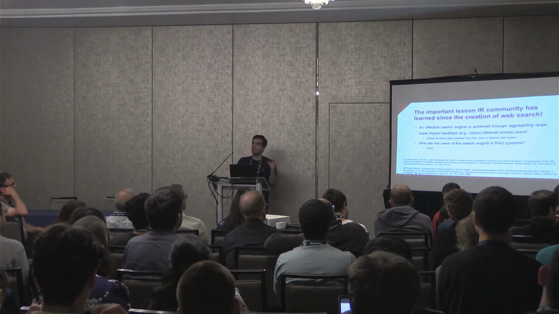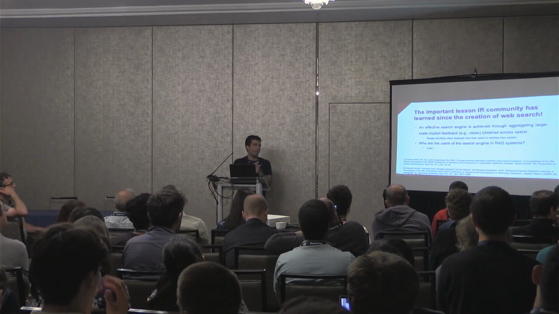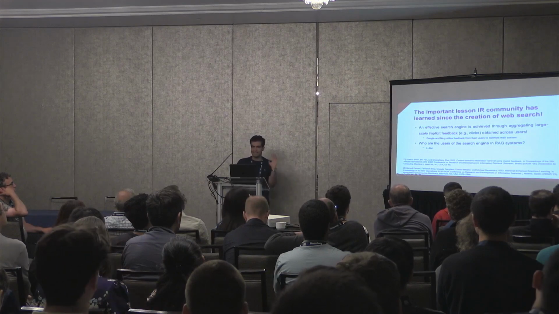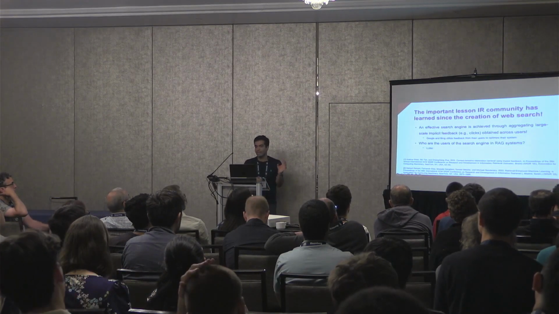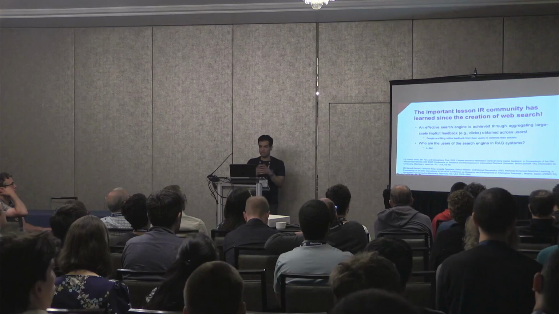However, as an IR community, we had a lot of research about how to design search engines. And the thing that we learned so far is that an effective search engine is achieved through aggregating large-scale implicit feedback collected across all the users that we have.